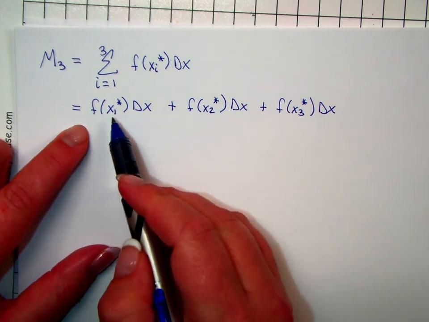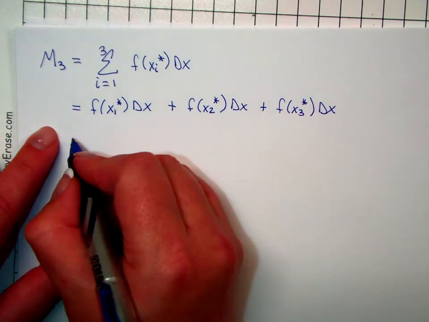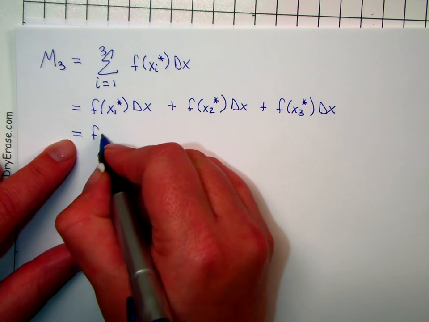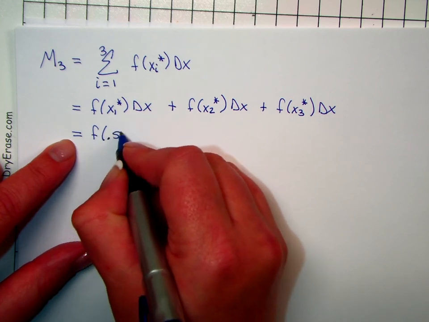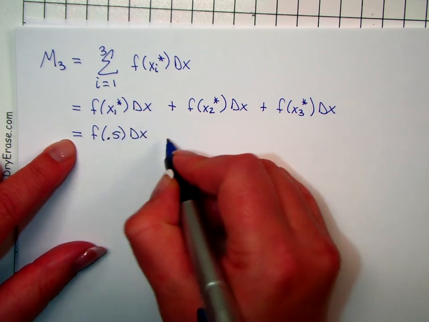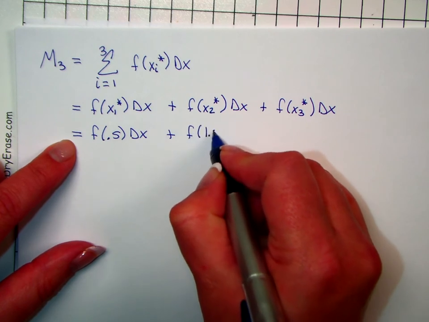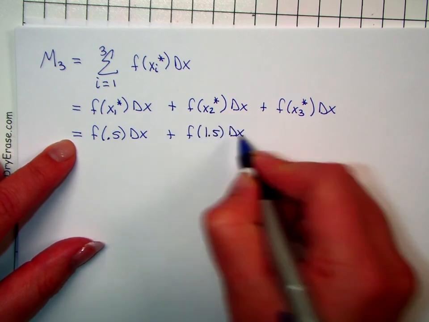And then it is a good idea to know what those values are. So that's why I calculated x of 1 star, x of 2 star, and x of 3 star on the previous page. So x of 1 star was 0.5 times delta x. X of 2 star was 1.5 times delta x.